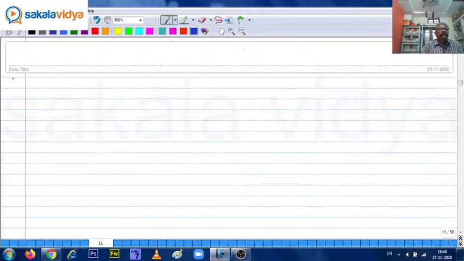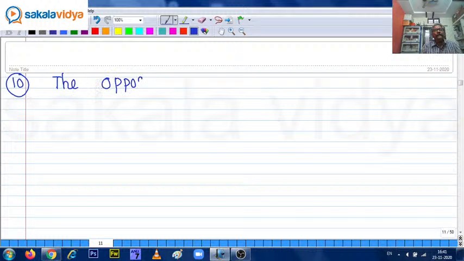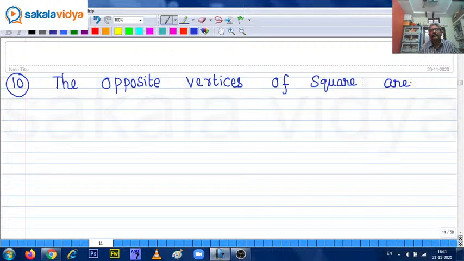Okay, 10th question. Next, let us move to the 10th question now. This is a very important problem. The opposite vertices of a square are 5 comma minus 4 and minus 3 comma 2.